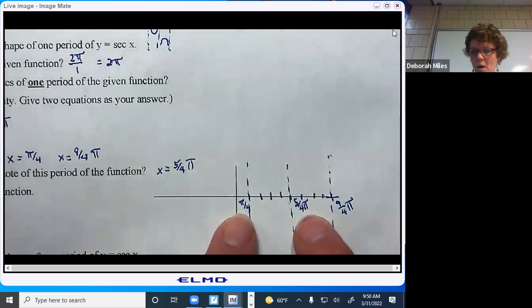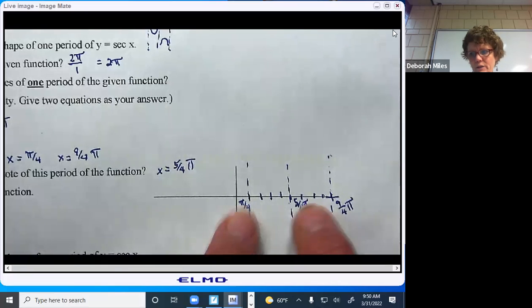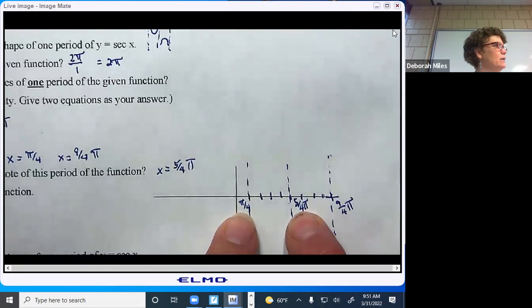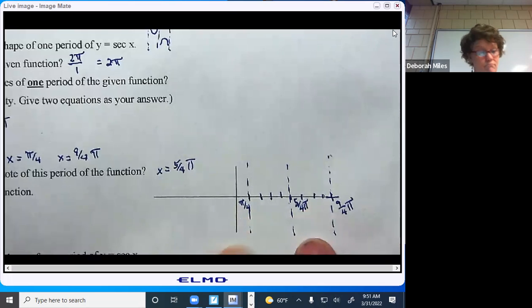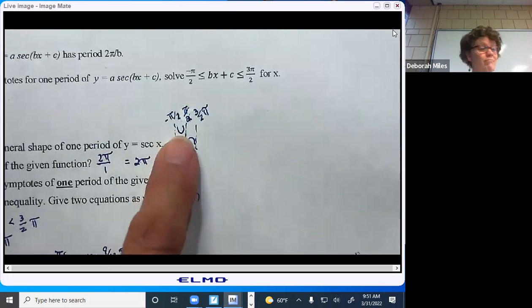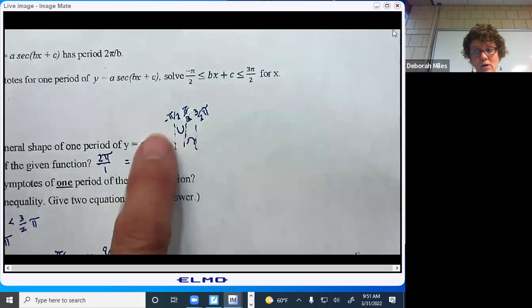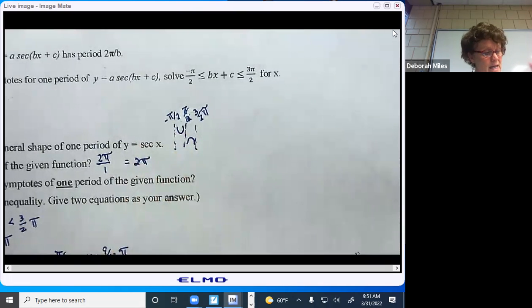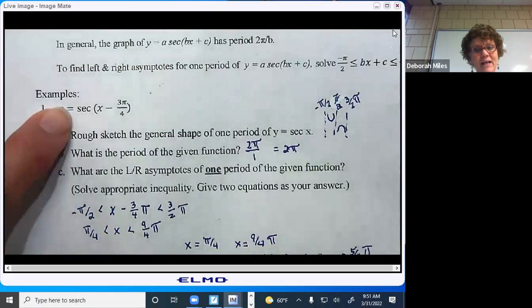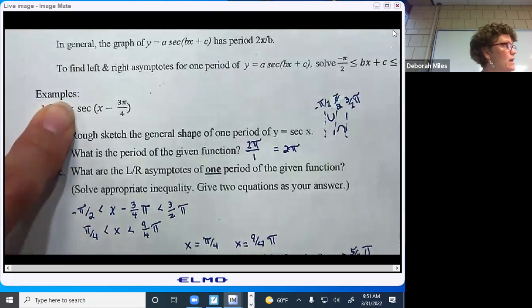Halfway between pi over 4 and 5/4 pi, what should this graph be doing? What should it look like? And these normally turn around at 1. If this secant had a coefficient other than 1, that's where the graph would turn around.